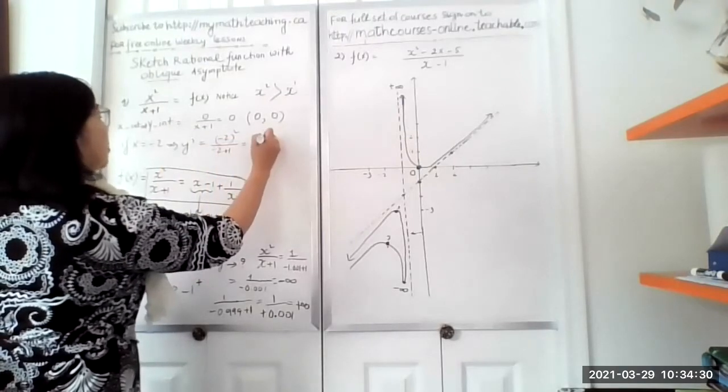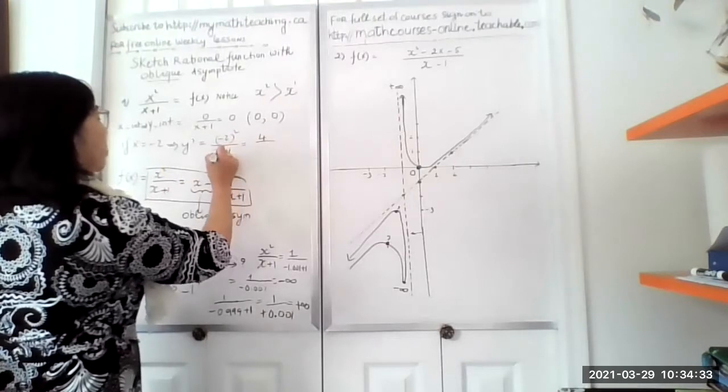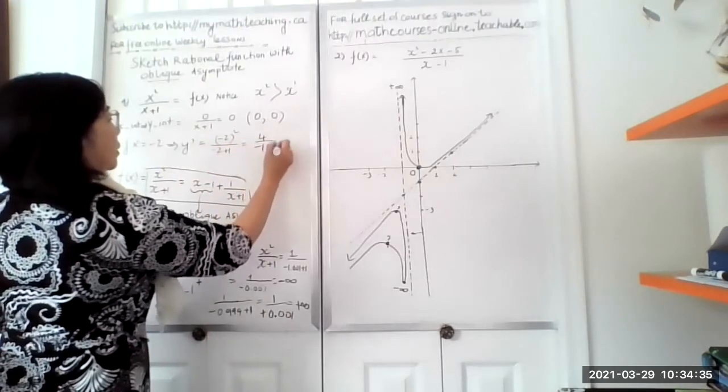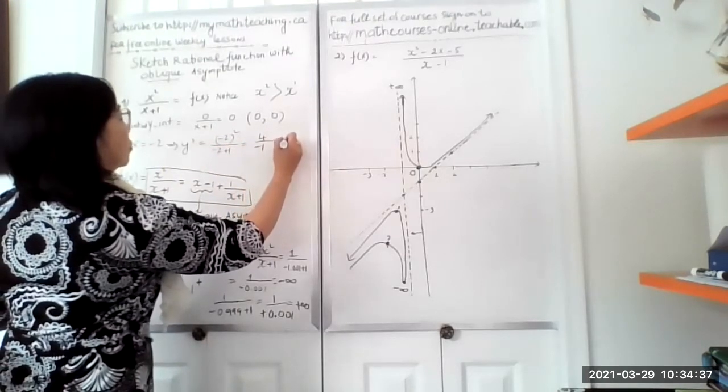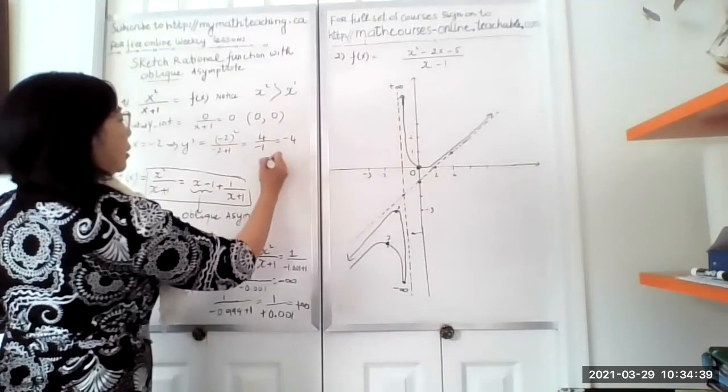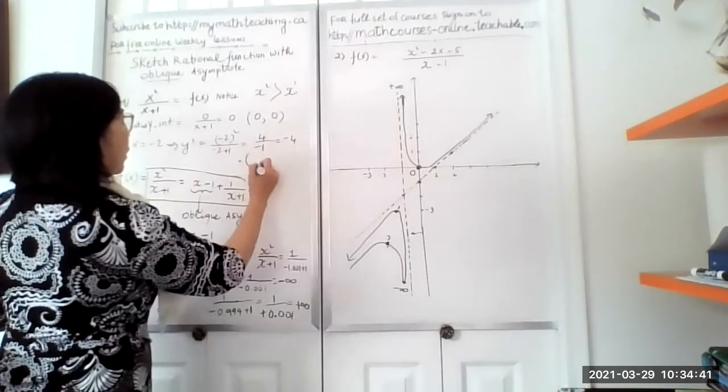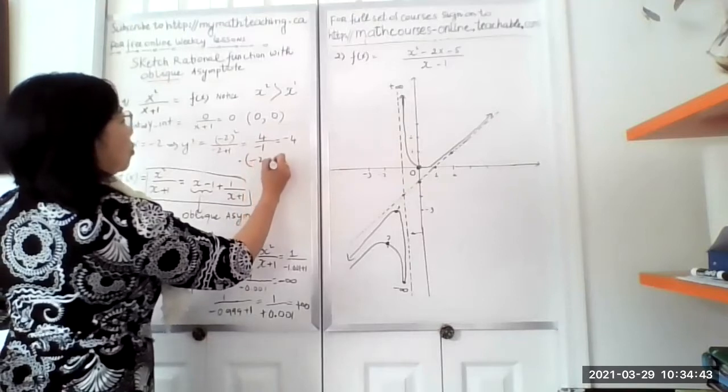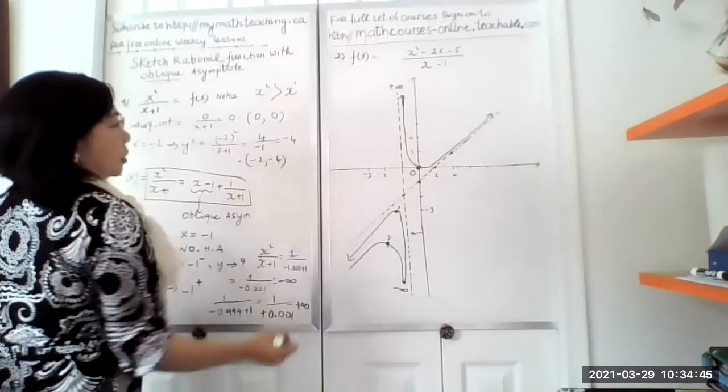And that will give us +4, divided by -2 plus 1, which is -1. So Y will equal -4, right? And therefore, we have a point X equals -2, Y equals -4.